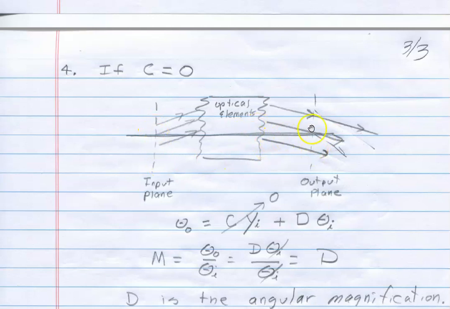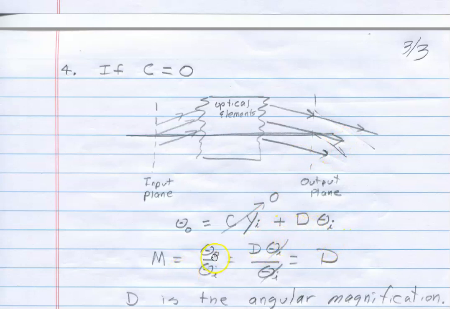They'll be emitted at different heights here as well. But the angle theta_o that the output ray makes with the optical axis is all the same. So parallel rays in, parallel rays out, but the angles may be different.